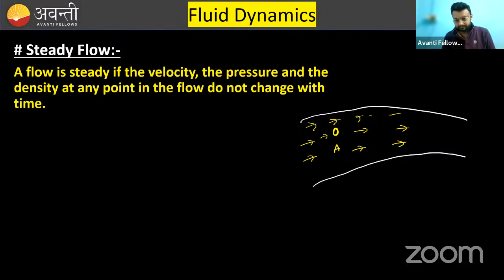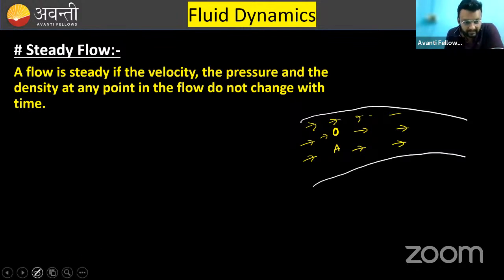You are not getting my point. The main condition for steady flow is if all the particles passing through a same point have the same velocity, then this flow is known as steady flow. Is it clear to you?